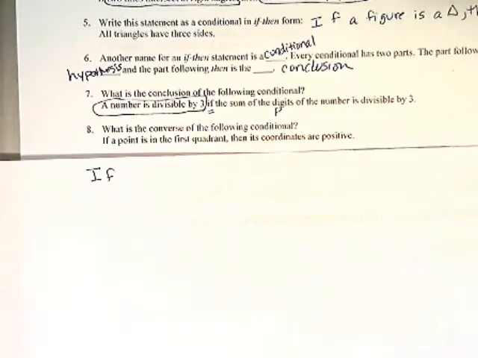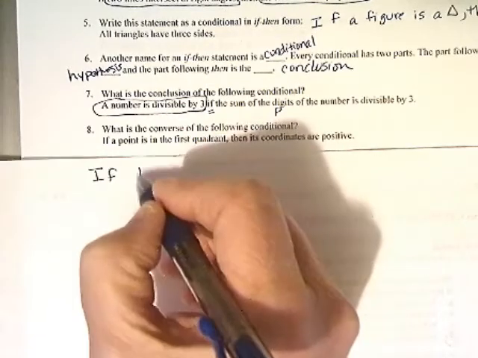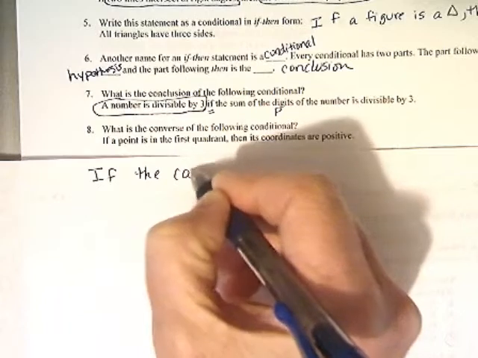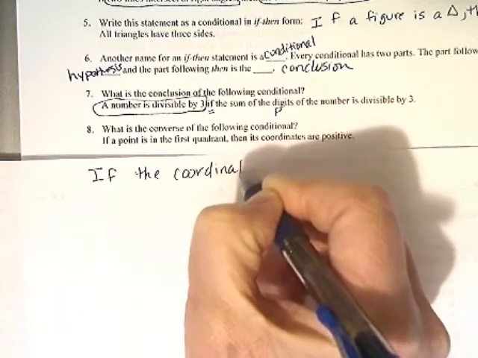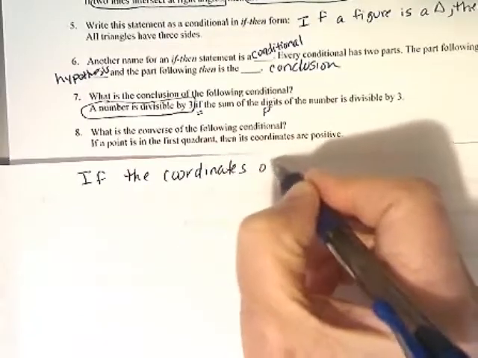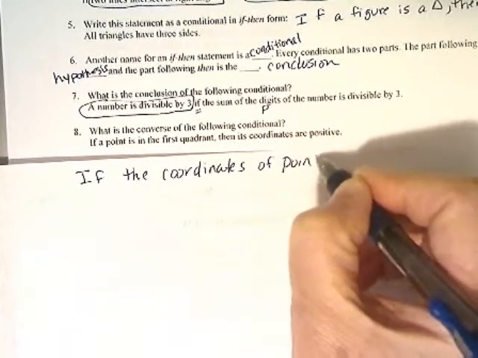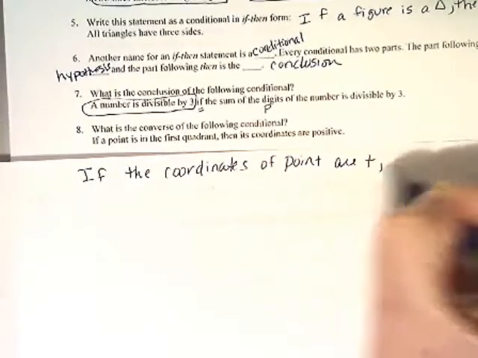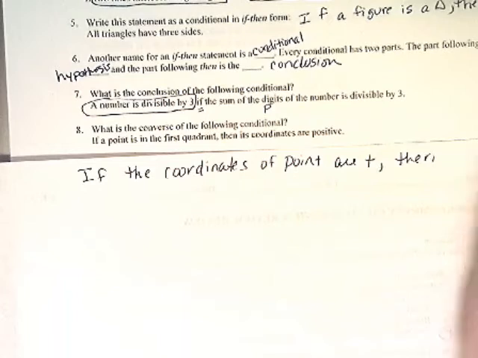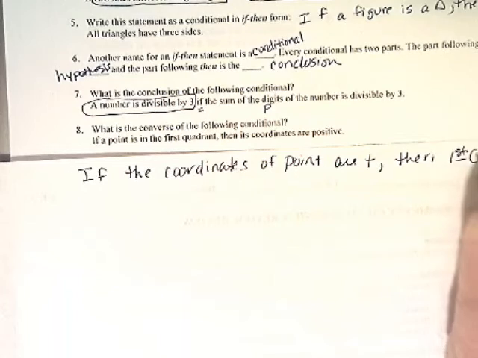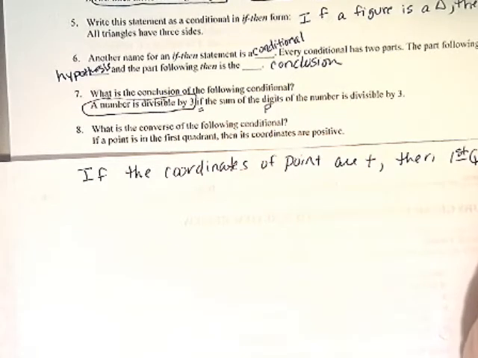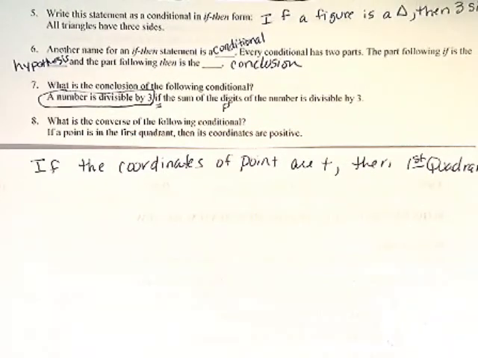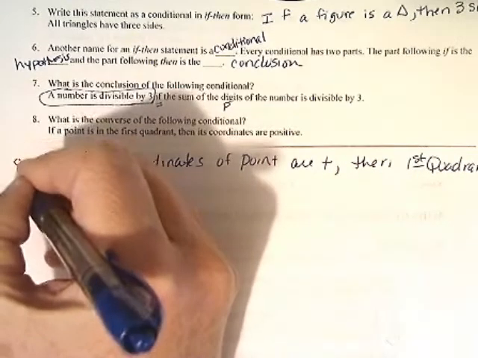If the coordinates of a point are positive, then it's in the first quadrant. So the converse is where you take the conclusion and the hypothesis and you switch them. So that's number 8.